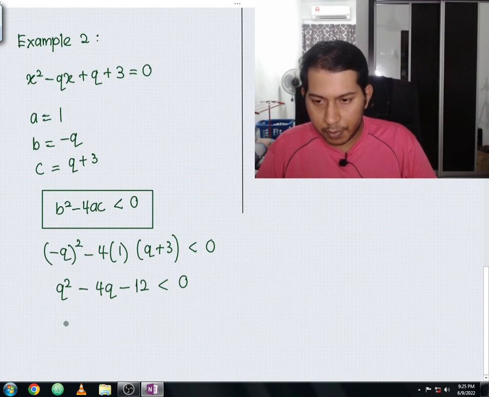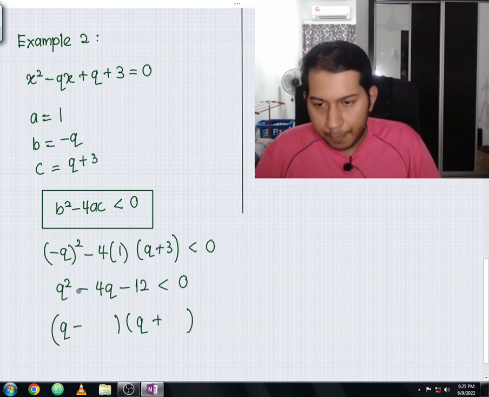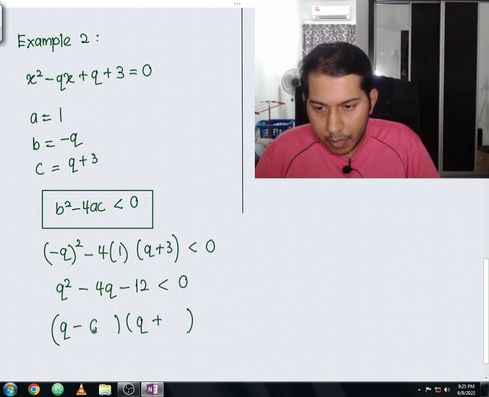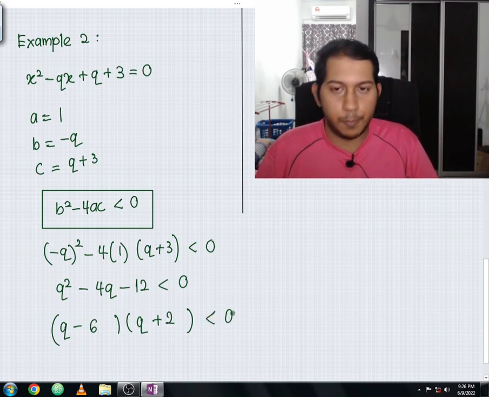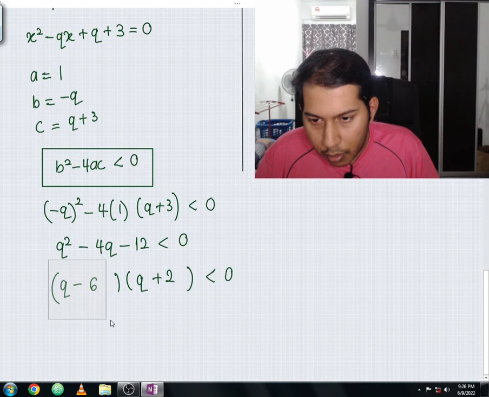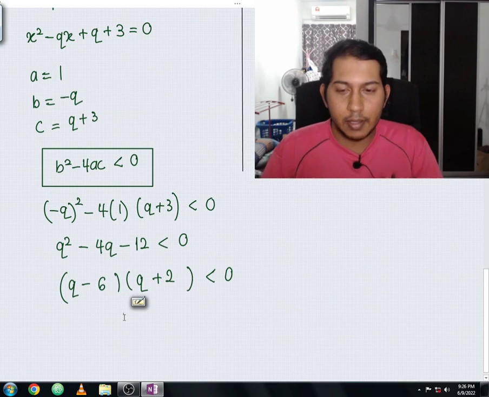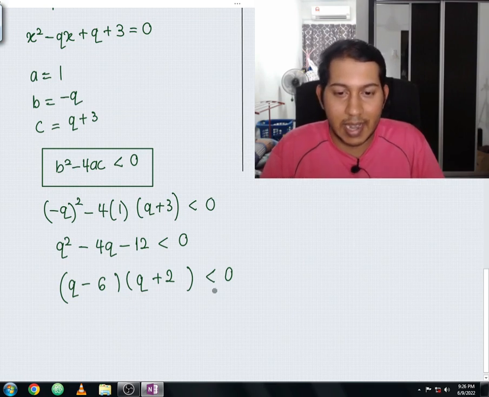So from here it will be q minus 6 and then q plus 2, less than 0. Let me double check. Remember that we have learned the quadratic inequalities concept. That is the concept you are going to apply here since it is less than 0.